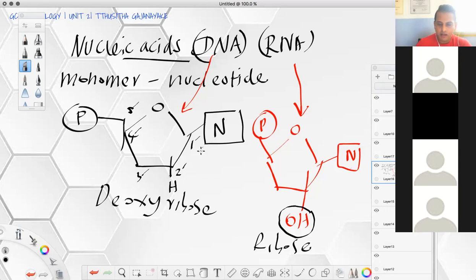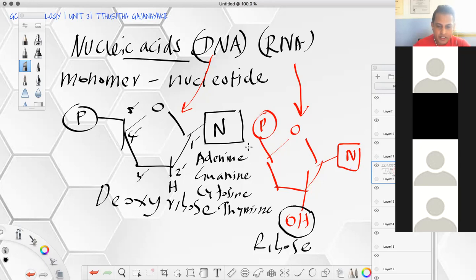So these are adenine, guanine, cytosine and thymine. So we abbreviated this capital A, capital G, capital C, capital T. Adenine, guanine, cytosine, thymine.